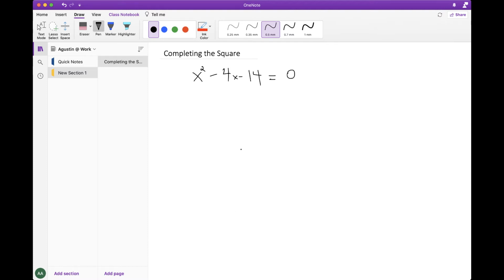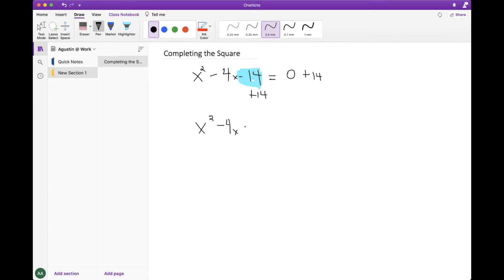All right, so the first thing we're going to do is move c over. So this is c, and we're going to move that over to the other side. So we're going to add 14 to both sides, and plus 14 here. All right, so we can have x squared minus 4x.